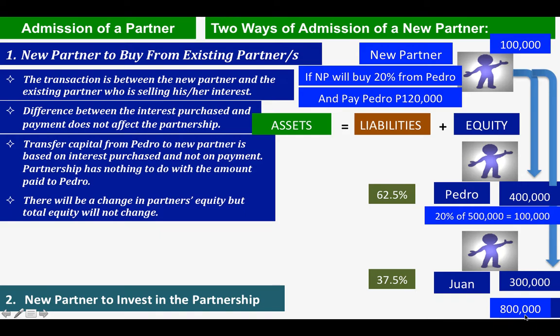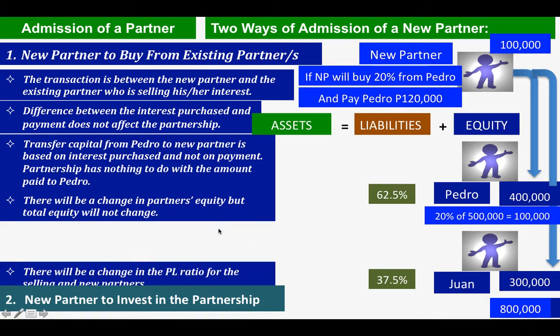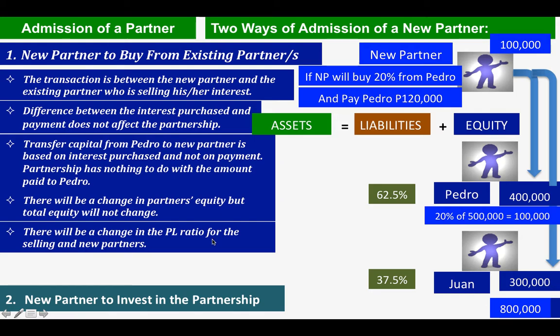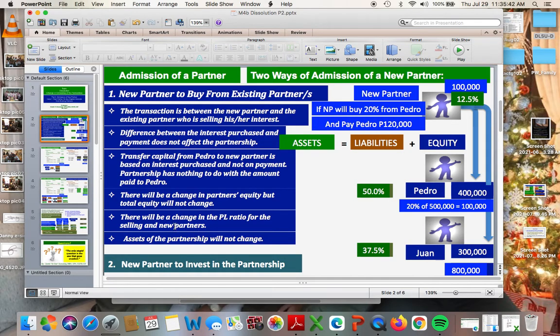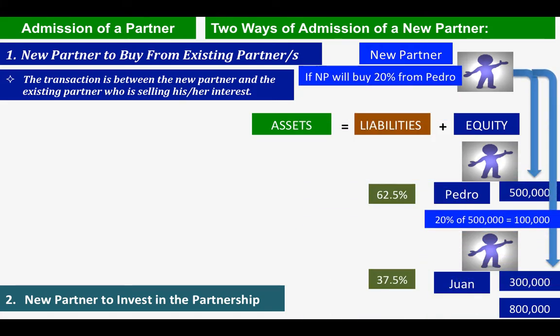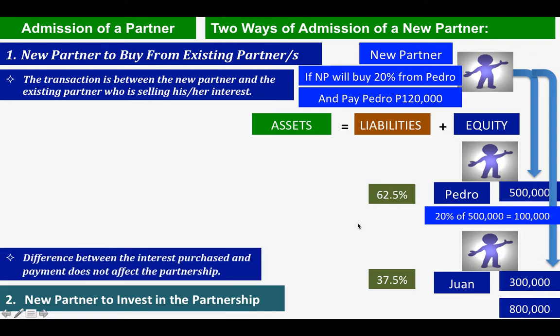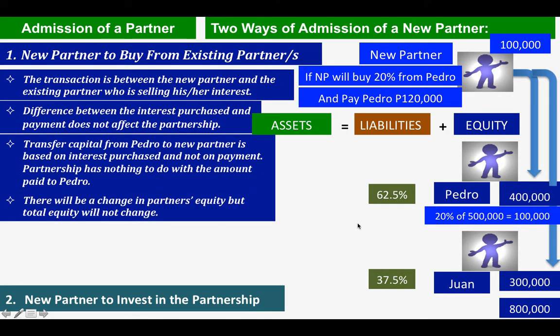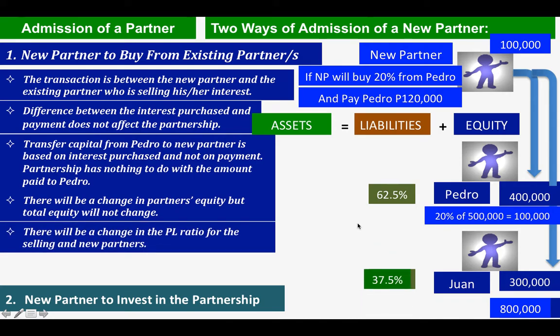There's no change in total equity, but there will be a change in the profit and loss ratio for the selling and new partners. Initially they have 62.5% and 37.5%.